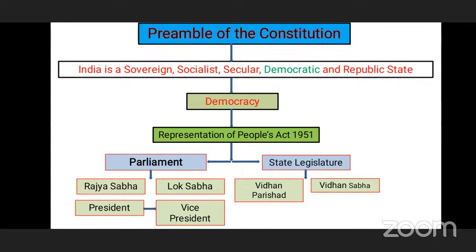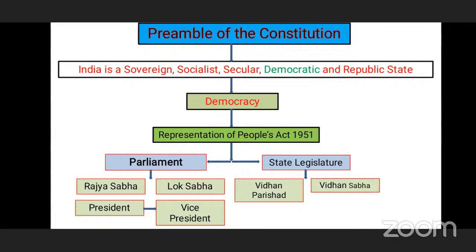Particularly in the 20th century, after the Second World War, most of the countries in Asia, Africa, and Latin America got independence, and they established democratic forms of government like the presidential type and the parliamentary type, particularly India.